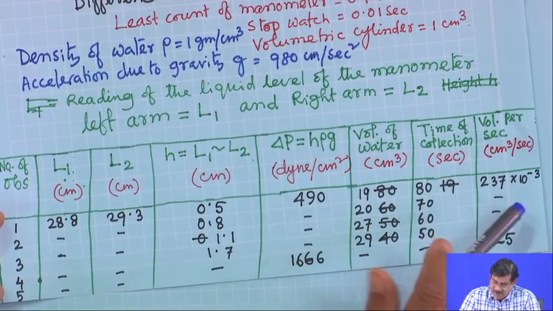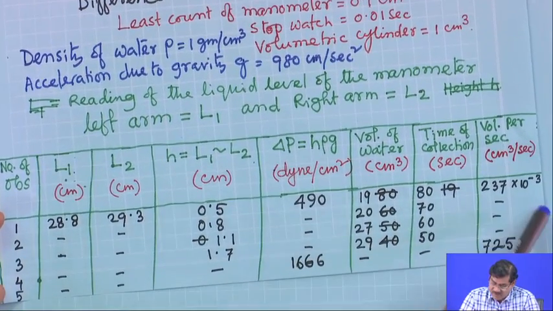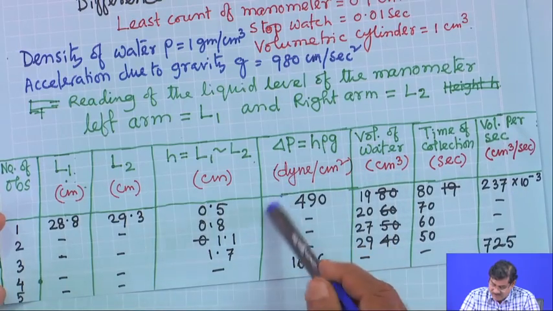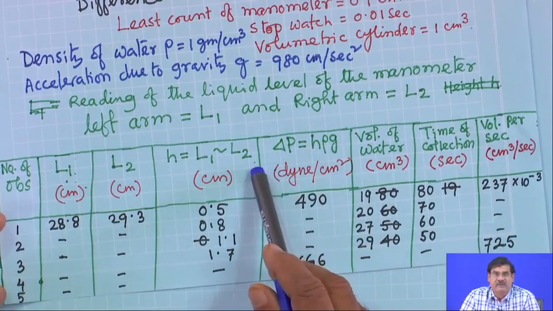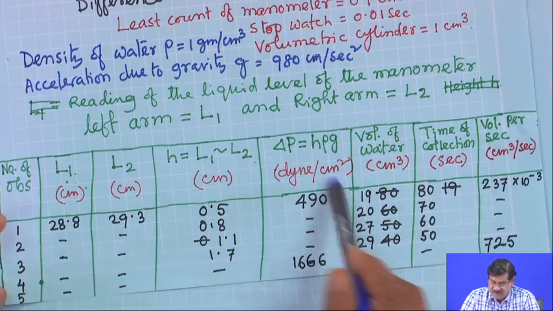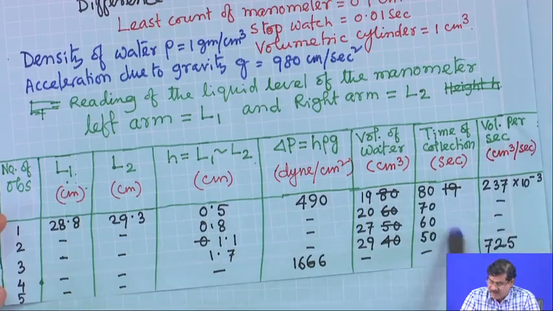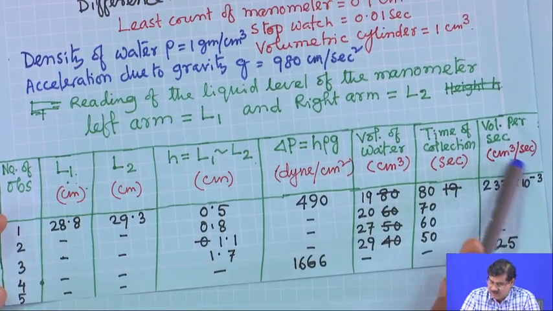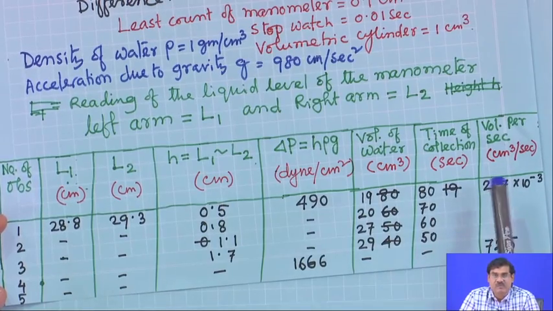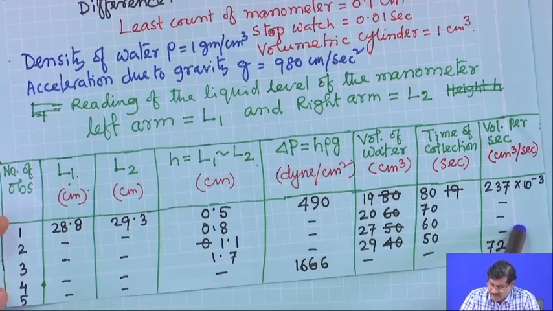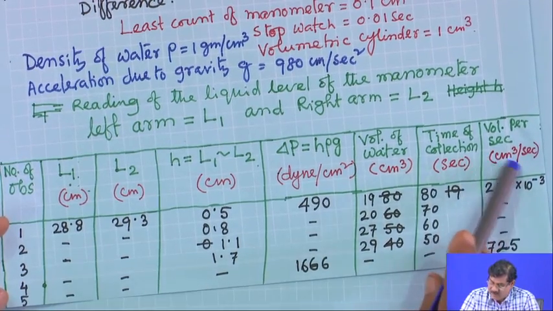So now you have 5 data of pressure difference, and 5 volume per second values, the rate of change of water volume.